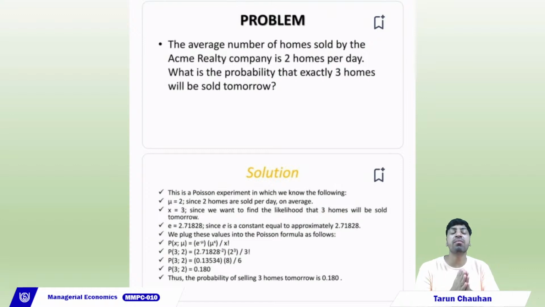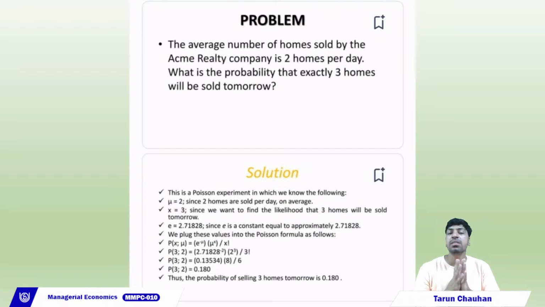Once you get the values of mean, X and E, apply them into the formula. You will get the probability of exactly 3 homes being sold tomorrow, that is 0.180.